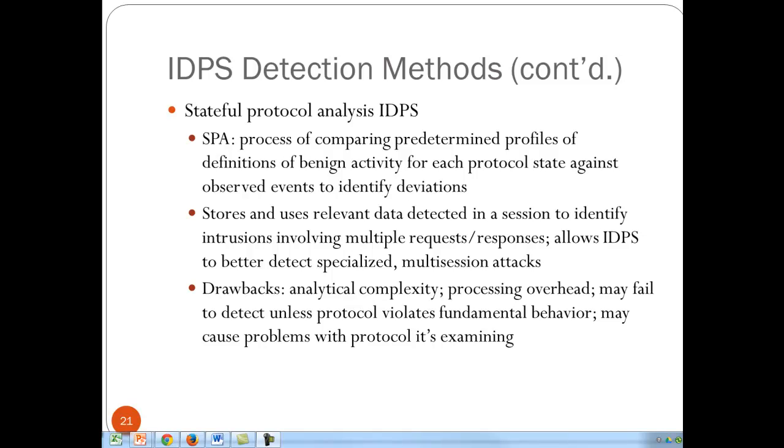They store and use relevant data detected in a session to identify intrusions involving multiple requests and responses. This allows the intrusion detection system to better detect specialized or multi-session attacks. The drawback here is that it is very complex, with lots of processing overhead. They may fail to detect some attacks unless the protocol violates some fundamental behavior, and they may cause problems with the protocol that they are examining.